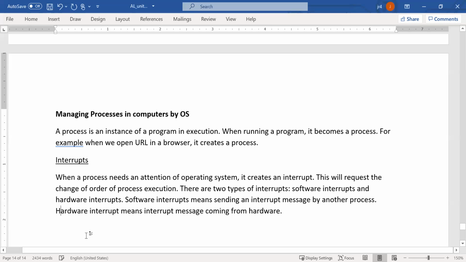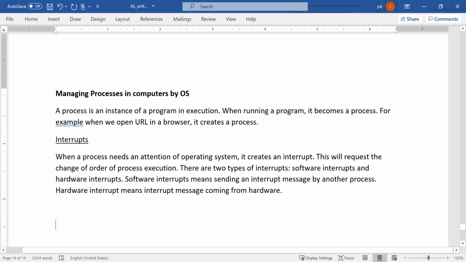Okay, so next paragraph under interrupts: how we manage interrupts, right?